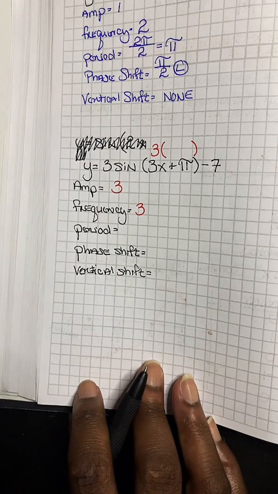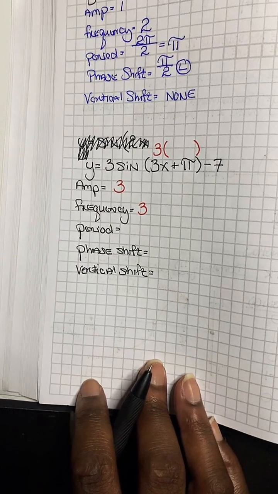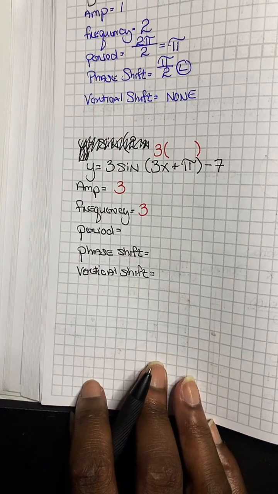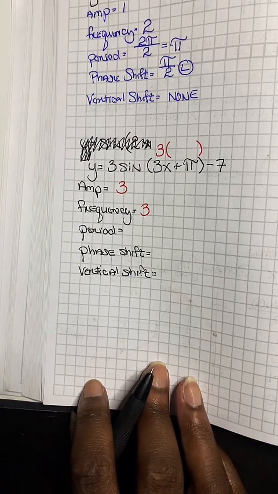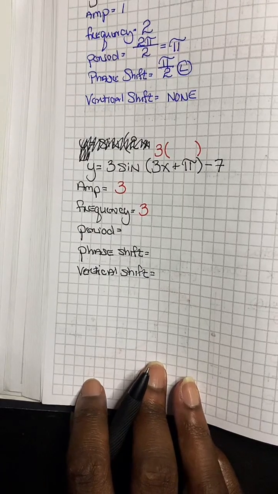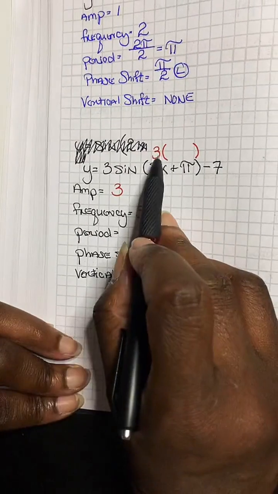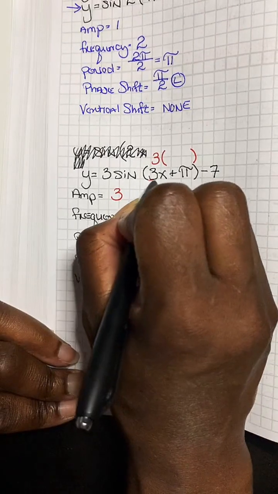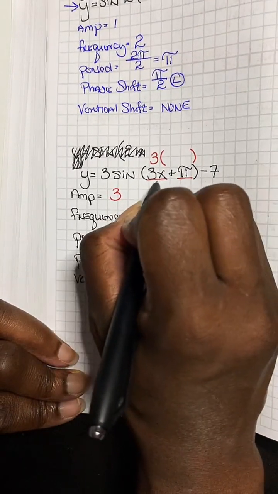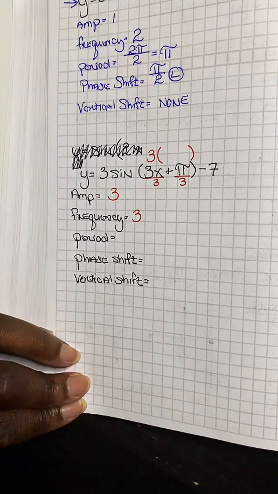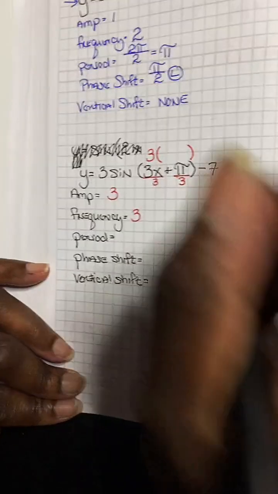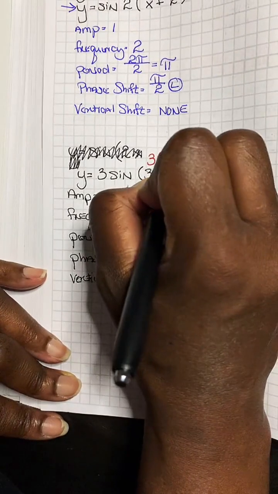Don't forget something with the pi. Because if we factor out the 3, that means we're dividing everything by that 3. x plus pi over 3, there you go. Thank you for the rose. So we have our x.